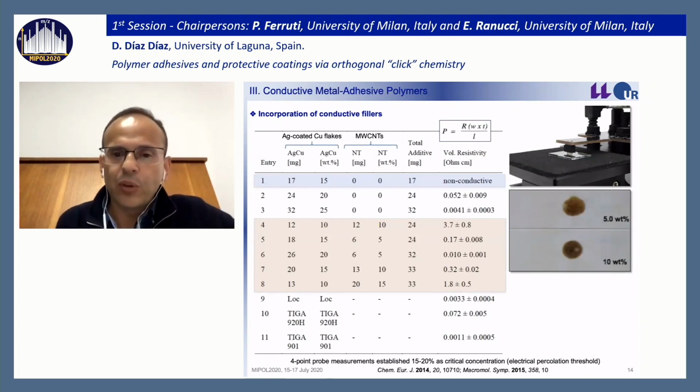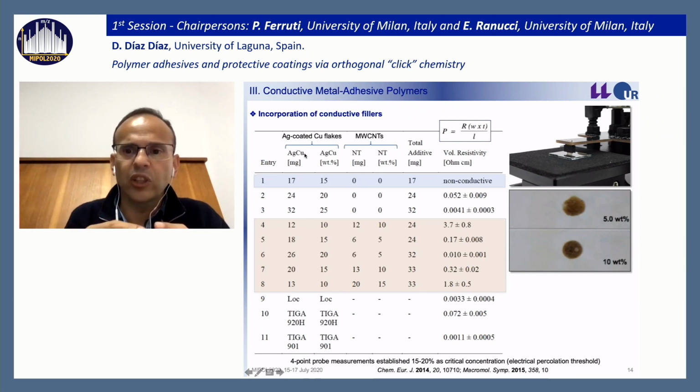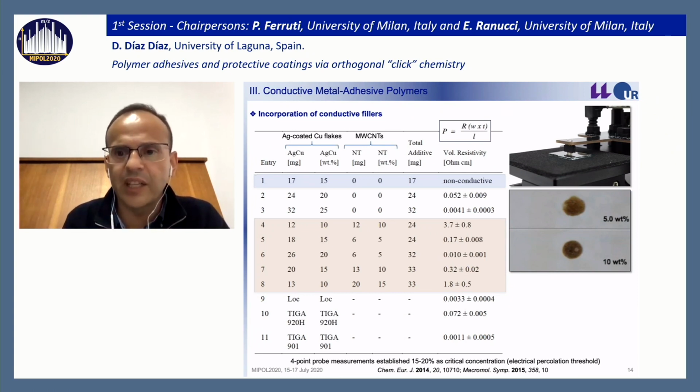Another thing we can do as well with this adhesive is to make it conductive. This is very important and interesting for the electronic industry. These polymers that I showed you are not conductive in nature, but if you add, for example, some flakes, like this silver copper flake, these flakes are not totally covered by silver, so we have some exposed copper there that can get involved in the click reaction.